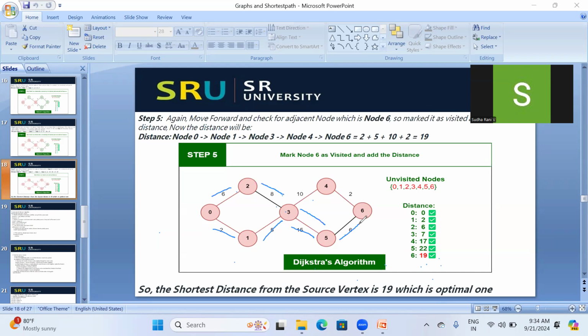This is one possibility. And path number 2 has 2 to 3, and 3 to 4, 4 to 6, another possibility. Now let us check the values we are getting.